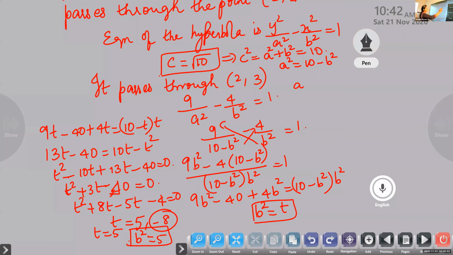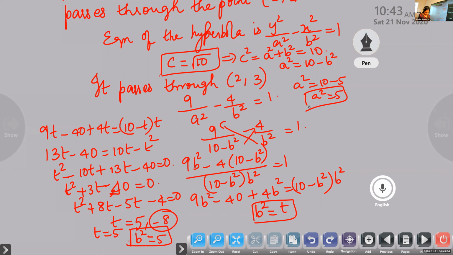Therefore a square is 10 minus 5. So a square is also 5. A square will be same as b square. Therefore what is the equation? A square is 5 and b square is also 5.